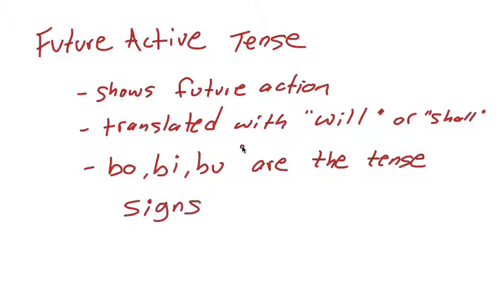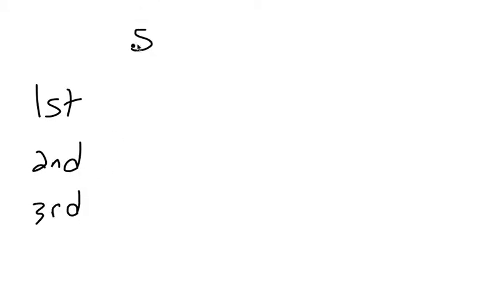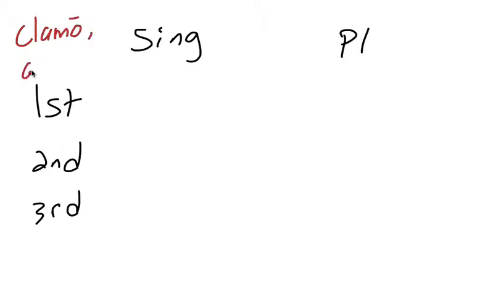Okay, so let's do an example of a future tense verb now. So I'm going to set up my chart with first, second, and third person, and singular and plural for my number. Okay, and this time for our verb, let's use clamo, clamare.